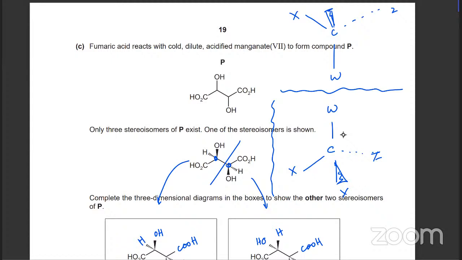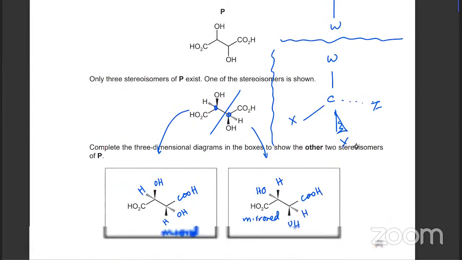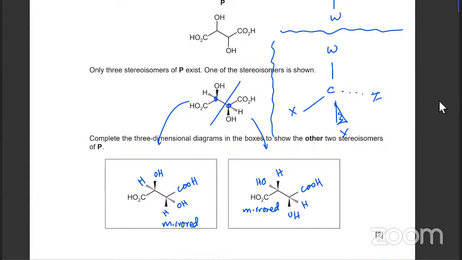In the third case, if you think of the screen as the mirror and the molecule as being behind that screen, in the mirrored version the bonds coming out of the page go into the page, and the bonds going into the page come out of the page. These two bonds remain right on the screen because they were already in the same plane, so they wouldn't get mirrored.